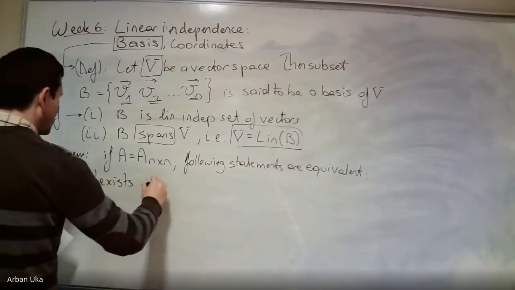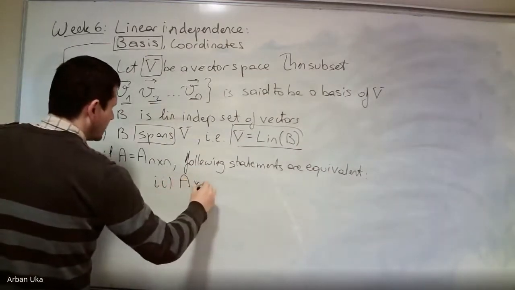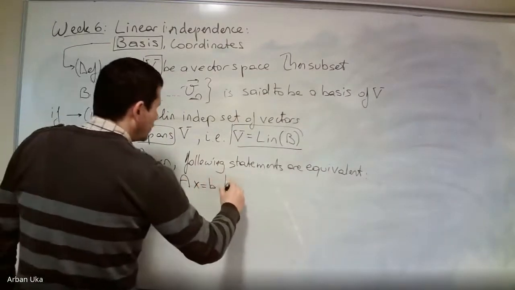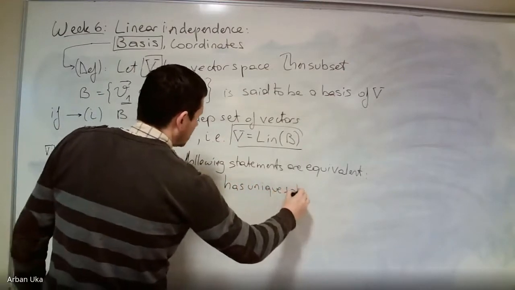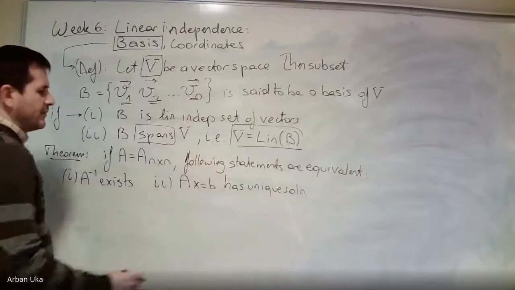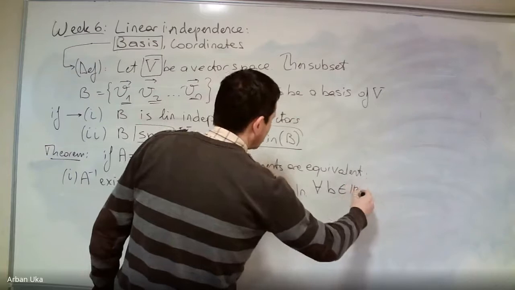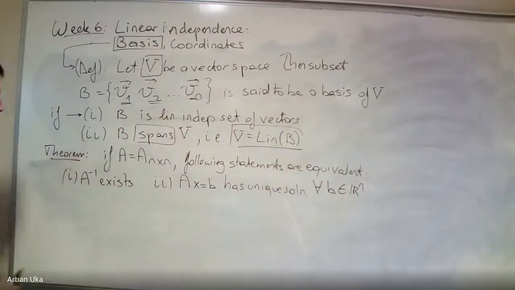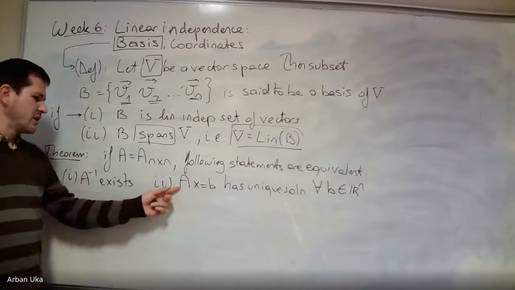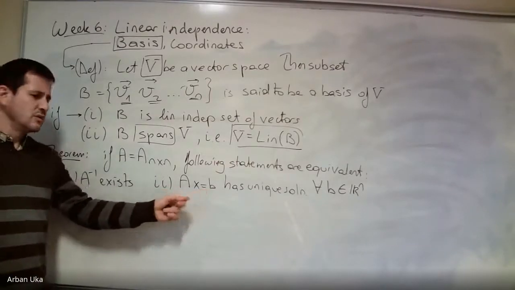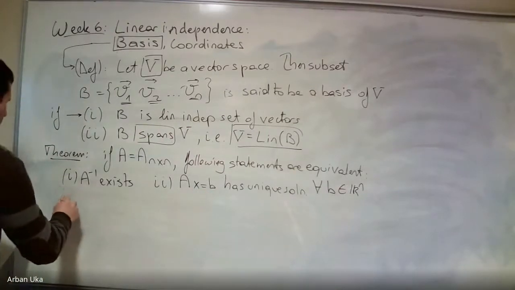The second statement states that AX equals B has a unique solution for any B, an element in Rn. I think we know this one because the moment that A inverse exists, we can multiply both sides of the equation with A inverse, and we get a unique answer for A inverse times B. This is the second equivalent statement.